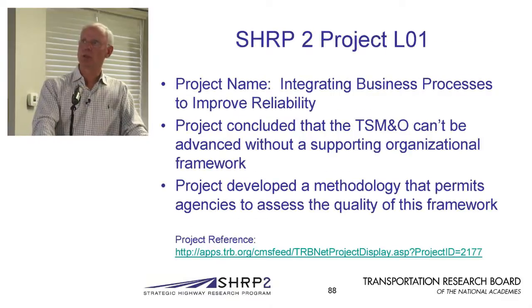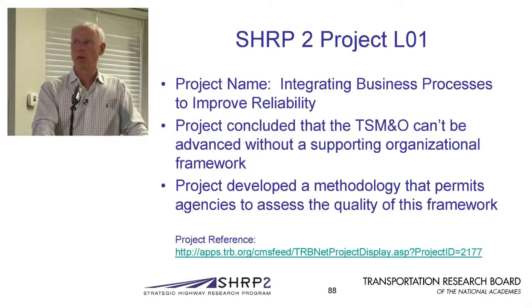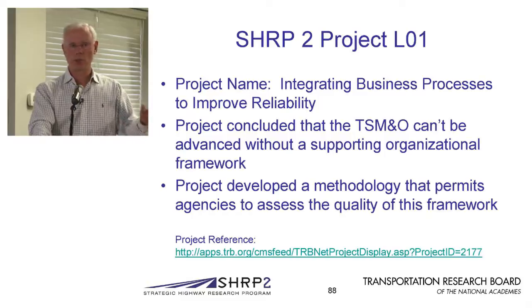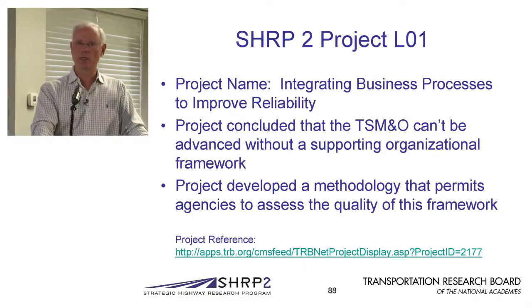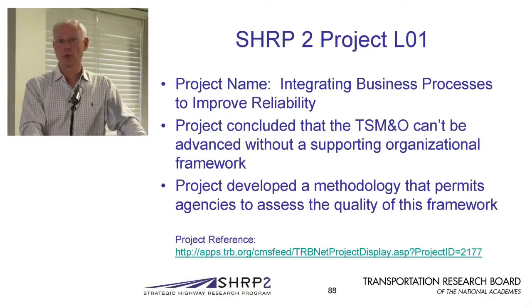This project, SHRP L01, deals not only with the subject of customer service, though it does deal with that, but this is the research project that actually produced the series of workshops that I referred to earlier. So it does a few things. Number one, it was a research project that looked at TSM&O programs around the country, and essentially posed the question, why are some people reporting results that are better than other people?